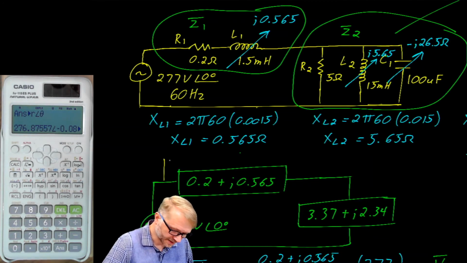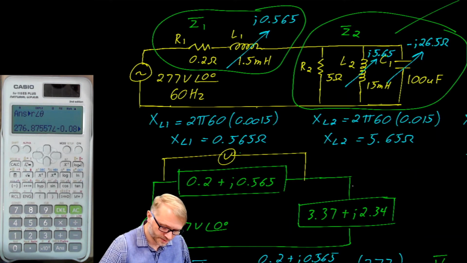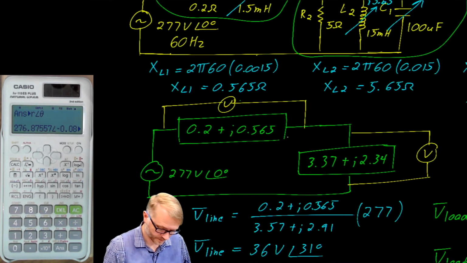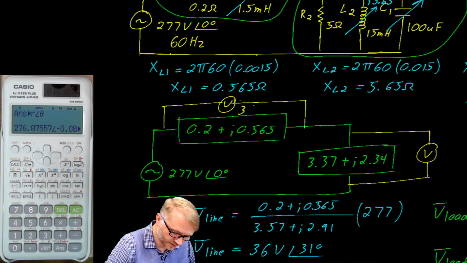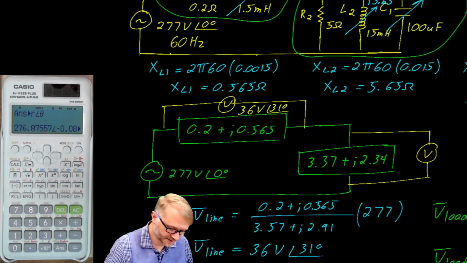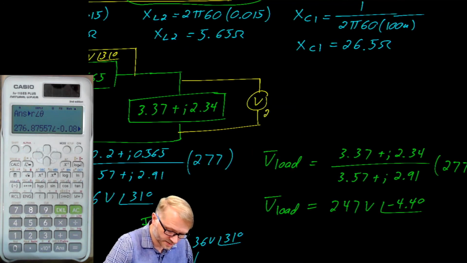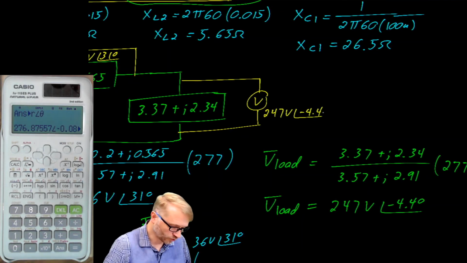To make that a little easier, let's put these voltmeters back in, and let's record what each voltmeter is displaying. I believe this meter was 36 volts at a phase angle of 31 degrees, and this meter was 247 volts at an angle of -4.4.